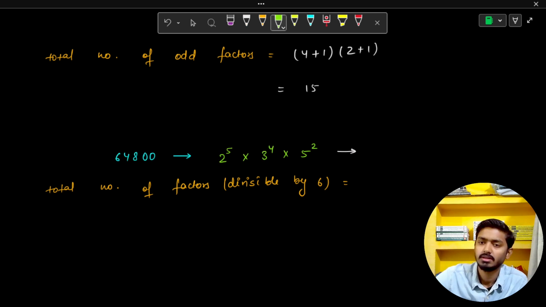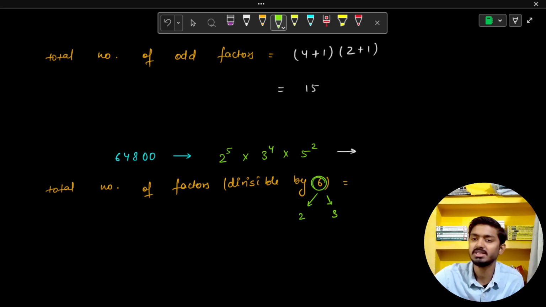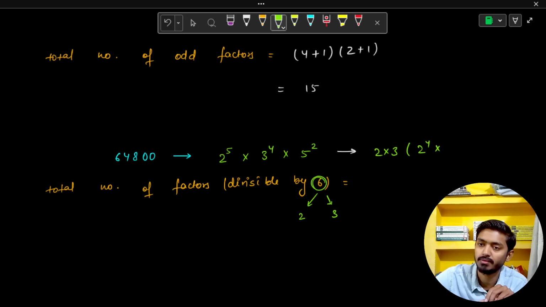take 6 out of the equation. 6 is made out of 2 and 3. So we'll take 1, 2 and 1, 3 out of the system. We'll write 2 times 3. If I take 1, 2 out, we are left with 2 to the power 4. I take 1, 3 out, we are left with 3 to the power 3 times 5 squared.